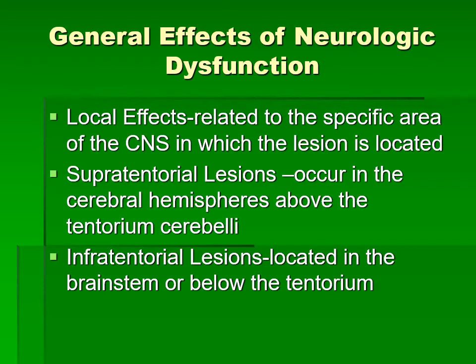So the tentorium is that division where you have that cerebellar falx. So supratentorial lesions tend to occur above that area, so in the cerebral hemispheres above the tentorium cerebelli. Infratentorial lesions are located in the brainstem or below the tentorium, so it could also be in the cerebellum as well.